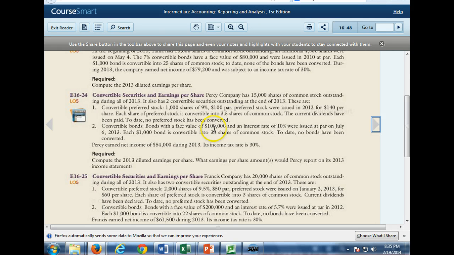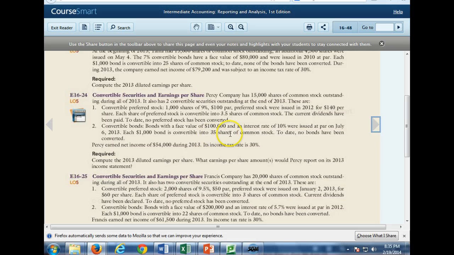So 100,000 divided by 1,000 a bond is 100 bonds at 35 shares, but it's only for half the year, right?